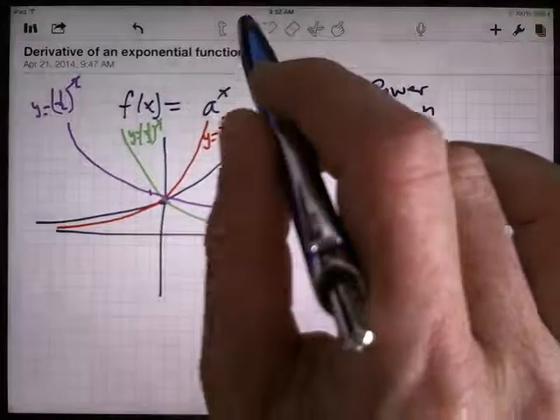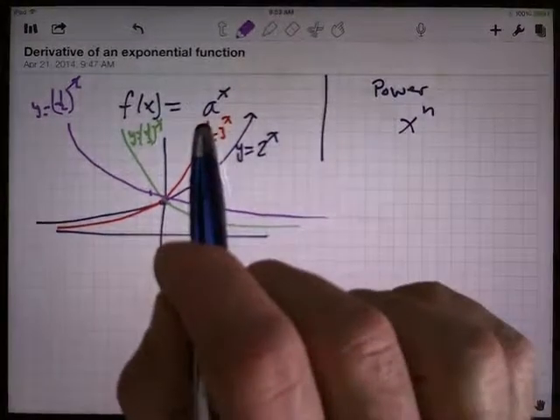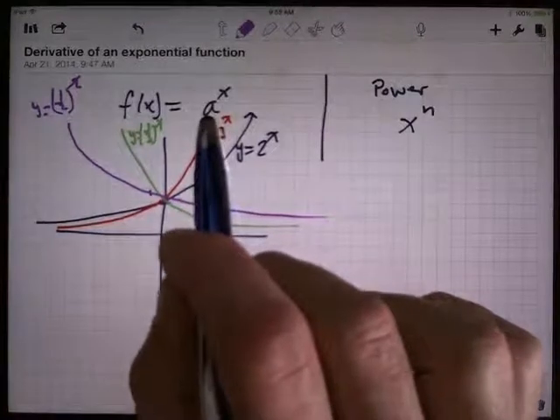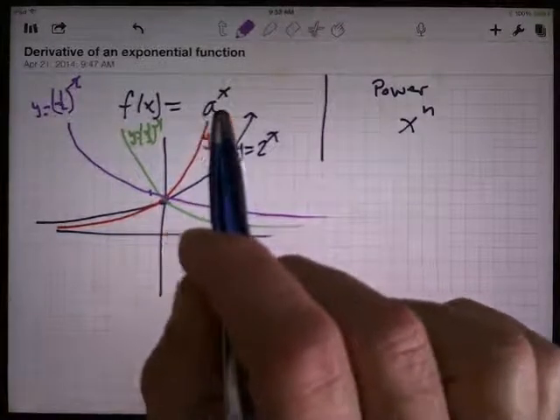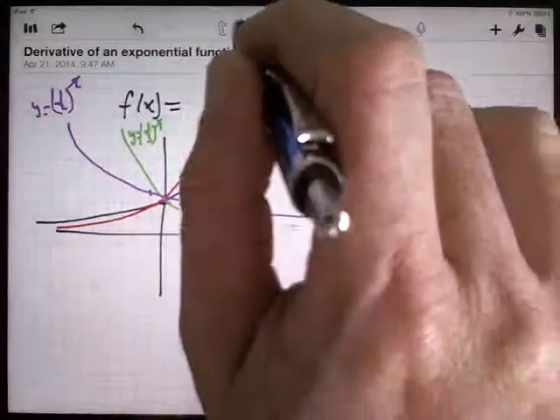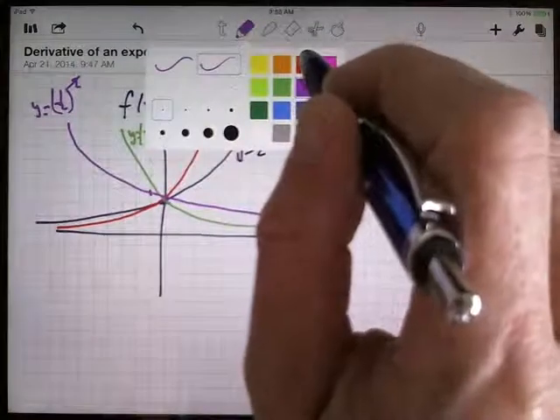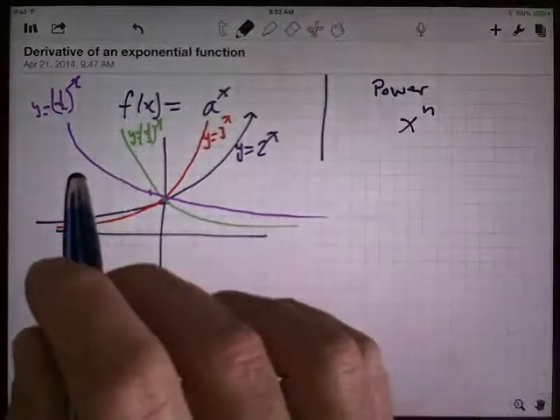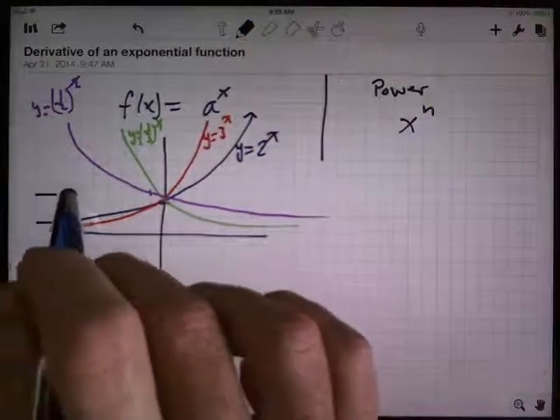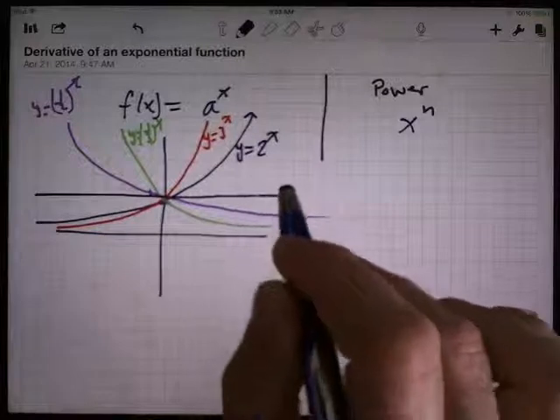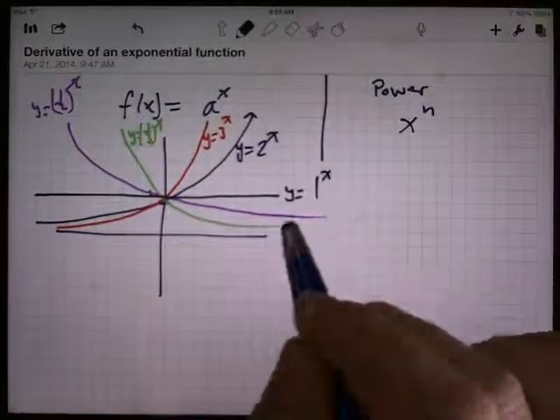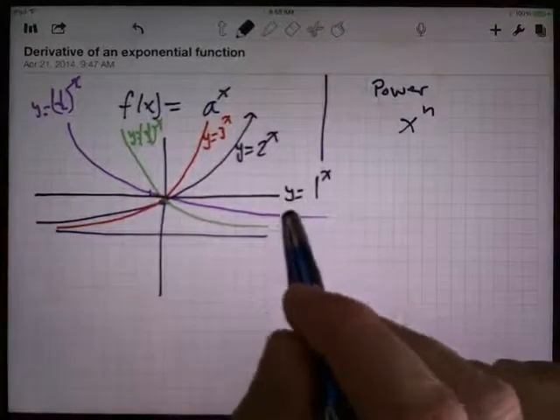Generally when you see exponential functions, they'll say this is a to the x, where a is a positive number and not equal to 1. Why not equal to 1? The reason given is not good enough in my book. I would say we should include it, because y equals 1 to the x is just 1 all the time.